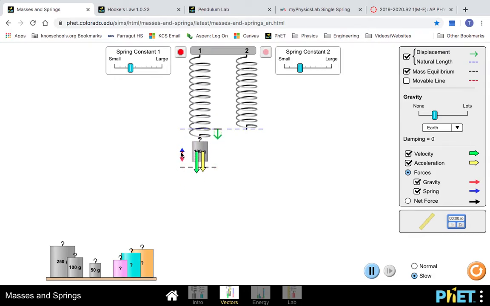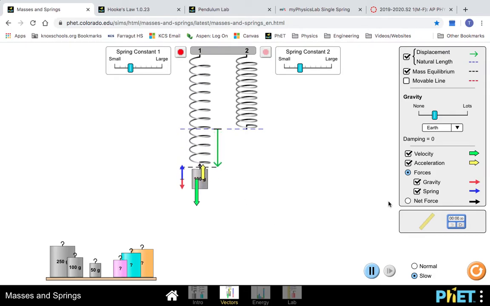And we can see the interplay between the force of gravity, which is constant because it's just dependent on the weight of that 100 grams, 100 grams times 9.8 because we're on Earth right now. And then the spring, we can see the force of the spring increases as we get farther from equilibrium.